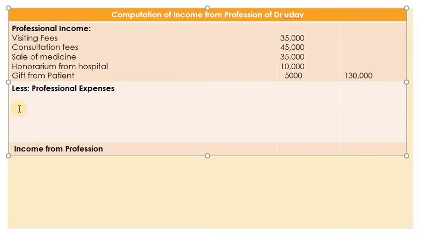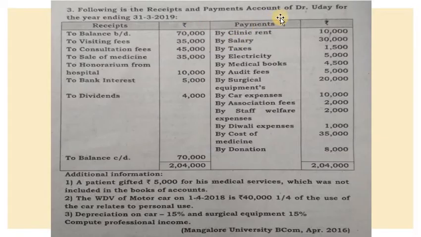We'll write here the professional expenses which are allowable: clinic rent 10,000, salary 30,000, taxes 1,500, electricity 5,000. Then medical books come under assets, so depreciation is charged. Then audit fees are also allowable.